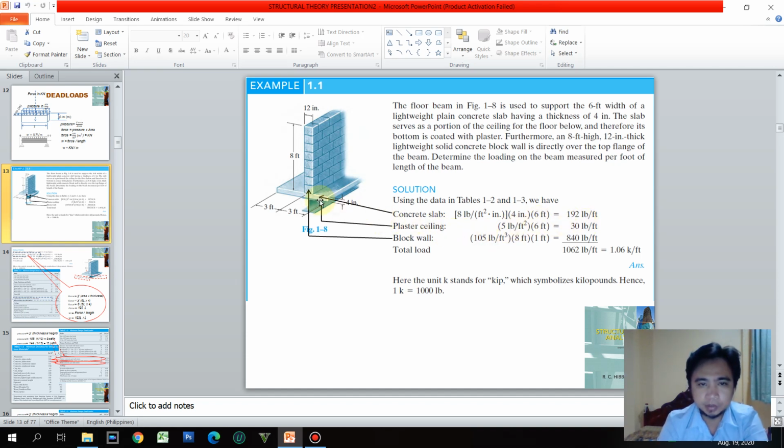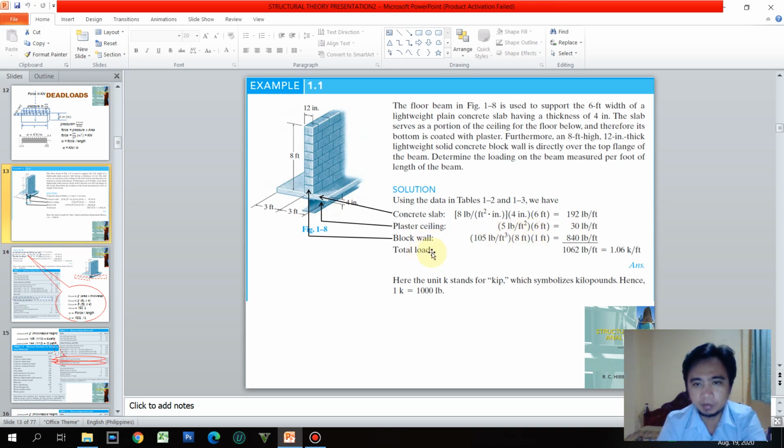And then the plastered ceiling here is an additional loading in terms of that pressure times 6 feet, so to come up with 30 pounds per feet.